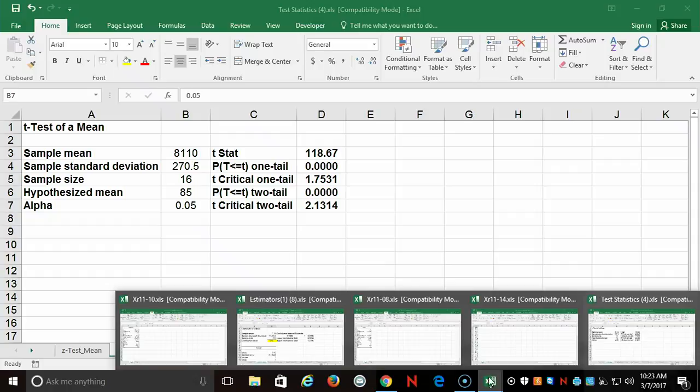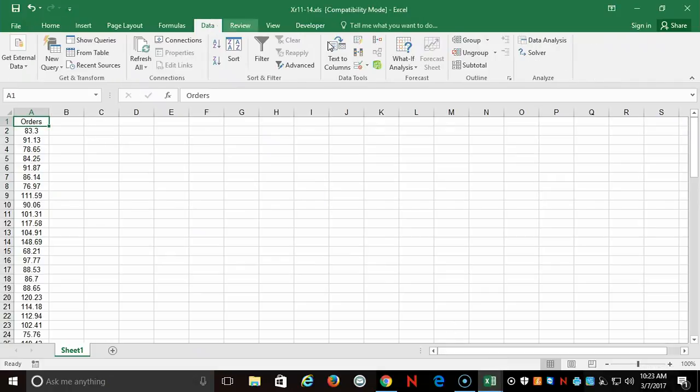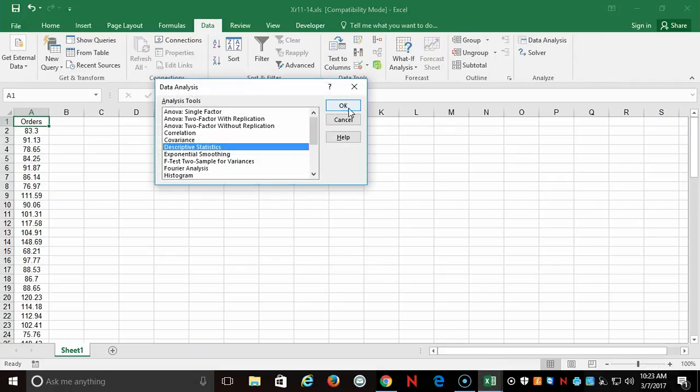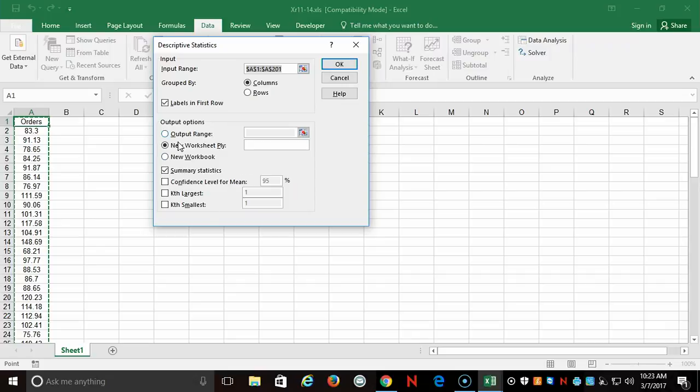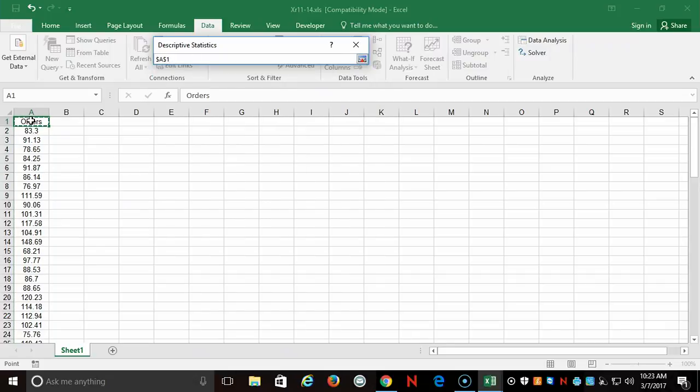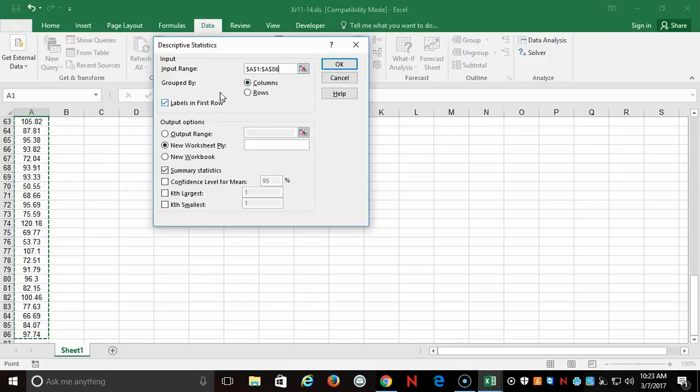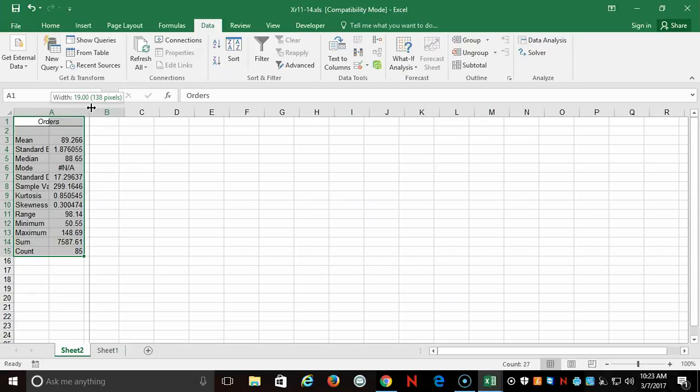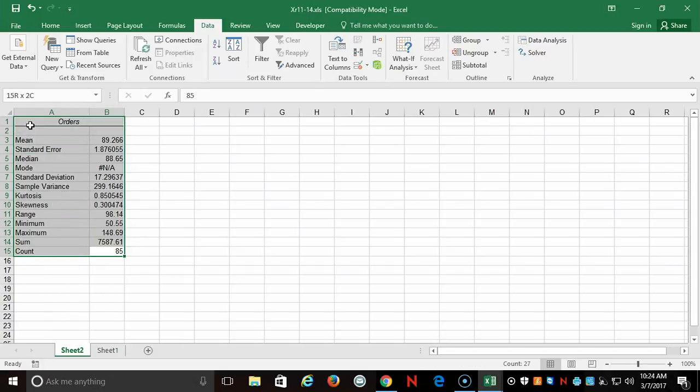The other things I need to get: data analysis, descriptive statistics, new worksheet ply, summary statistics. Data goes from A1 the whole way down to A86. Labels in first row, summary statistics, click OK. Looks like my average order was $89. Let's copy this over.